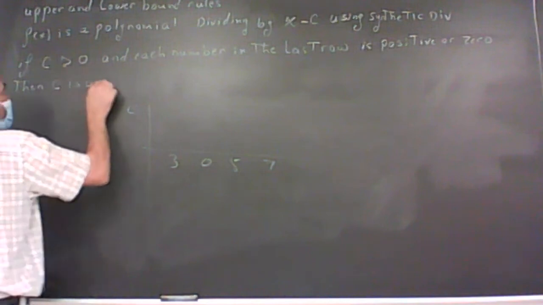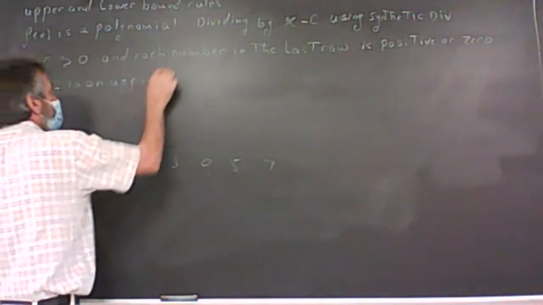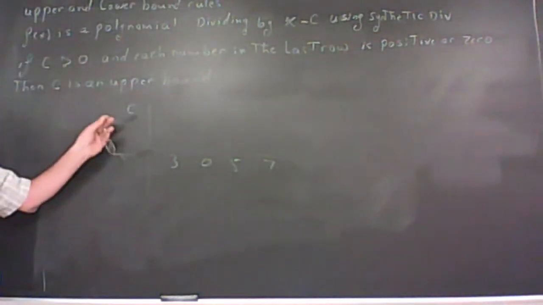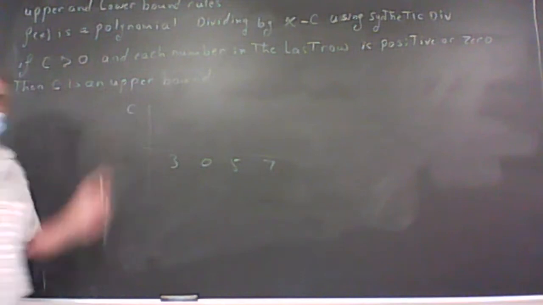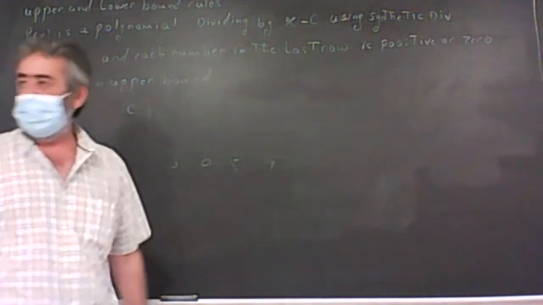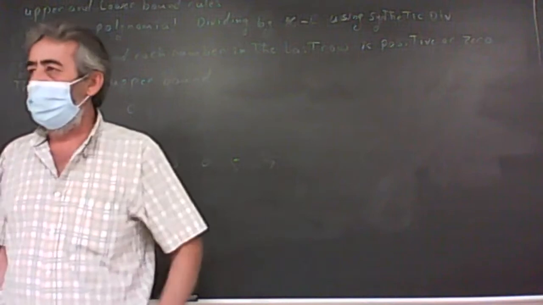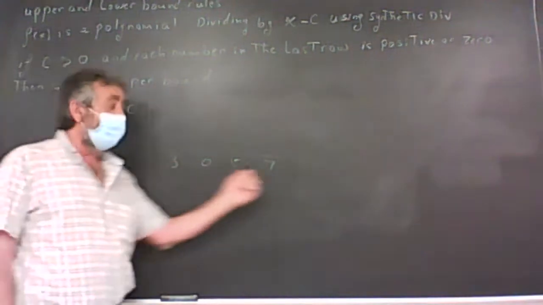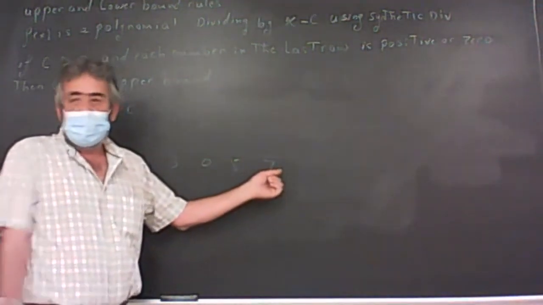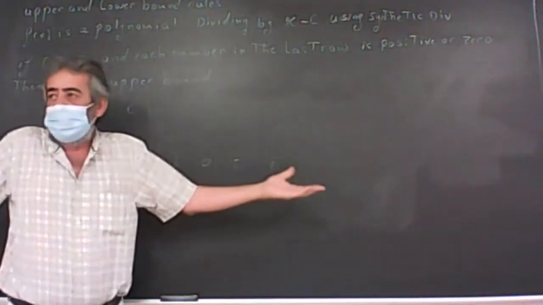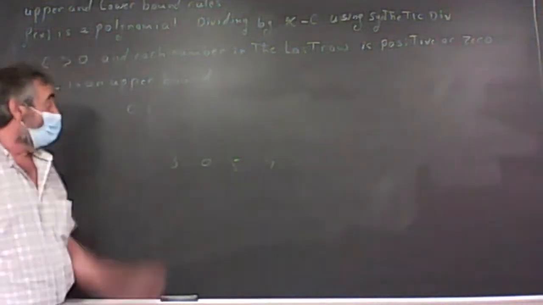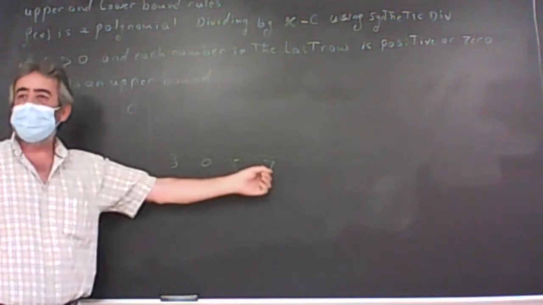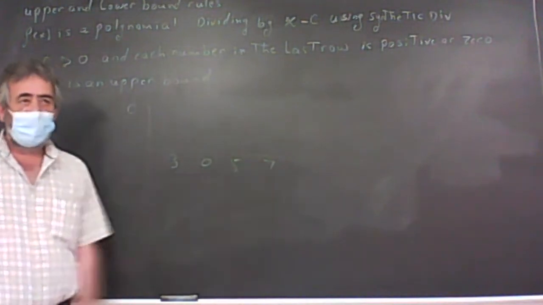It means whatever c is, and you get those numbers, don't try anything above that number, above c. So if c happened to be 1, and I ended up with this result, and there is a 2 in the possible zeros, I don't need to try 2. Why? Because I know 1 is an upper bound. There is nothing past c that could be a 0 in there. Are we clear?